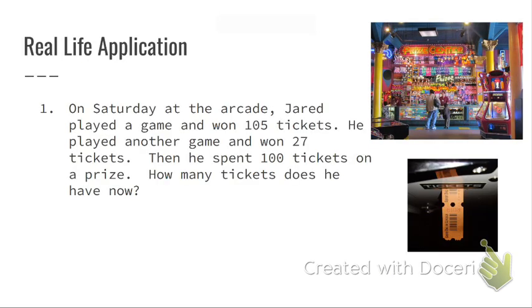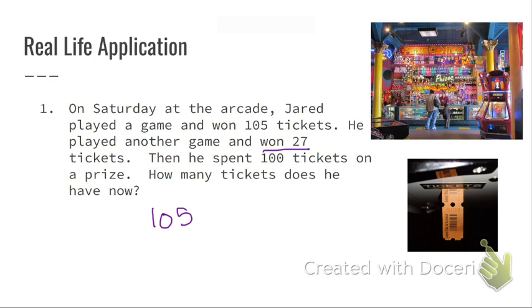All right, so if you have kids, or maybe you are a kid or a kid at heart, and you've been to an arcade, and maybe you earn some tickets and then you get to go spend them on prizes. So winning would be a positive thing. Spending your tickets would be negative. So here he has 105.